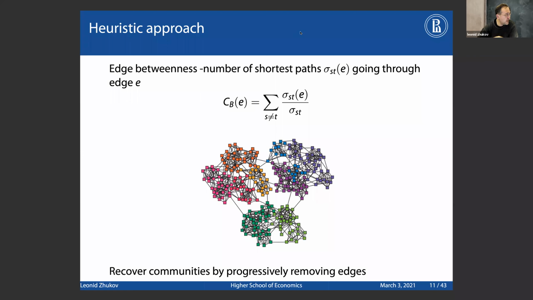Remember, guys, we had degree centrality. So betweenness centrality tells us how many shortest paths go through a particular node. So Mark Newman came up with a similar metric, but with respect to edges. He called it edge betweenness.